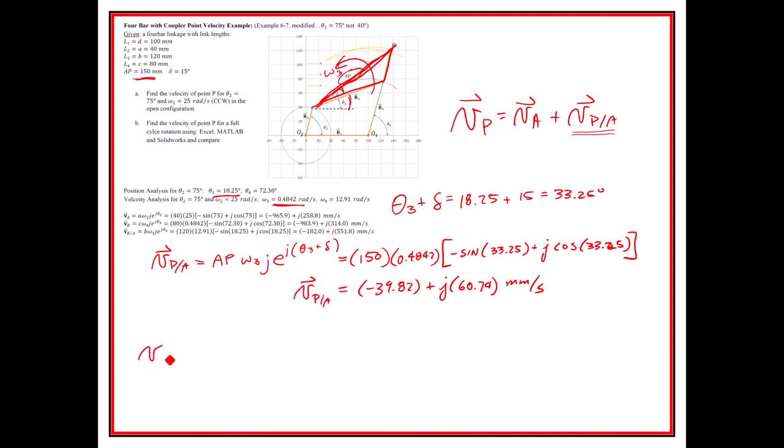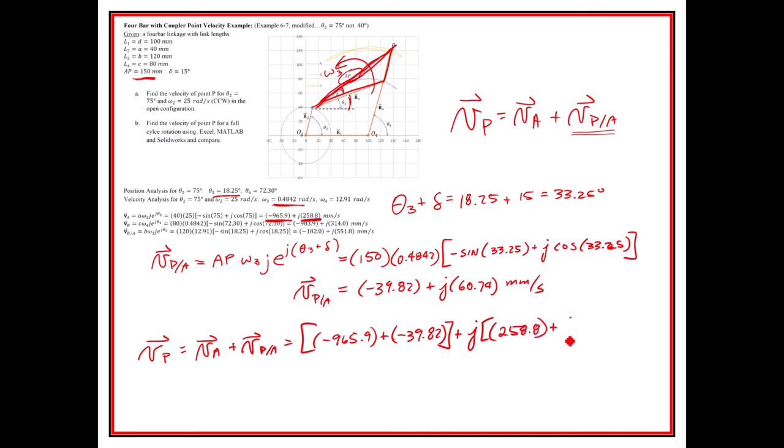If we want VP, take that VA, add the VP with respect to A to it. So we end up with what we have up here, negative 965.9 plus negative 39.82, plus j is going to be 258.8 plus 60.74.